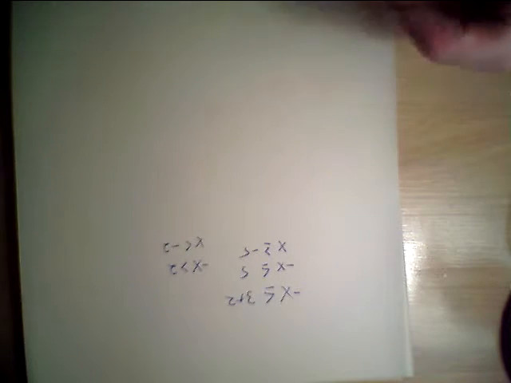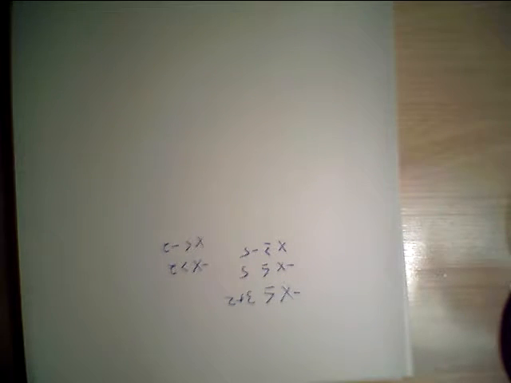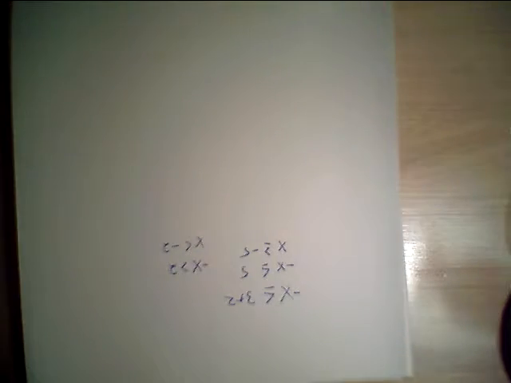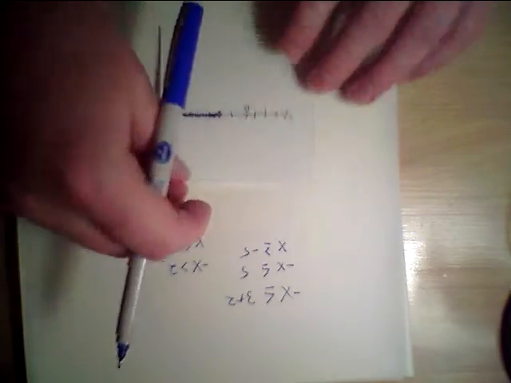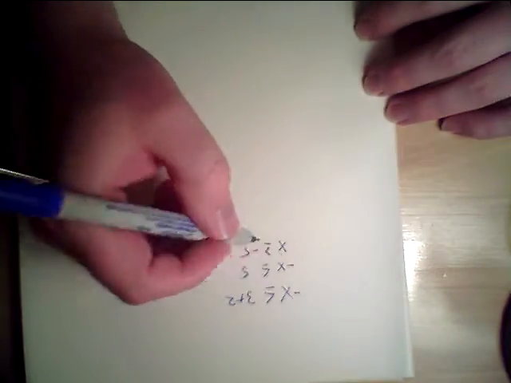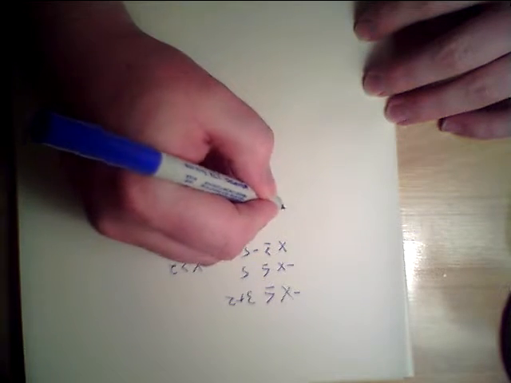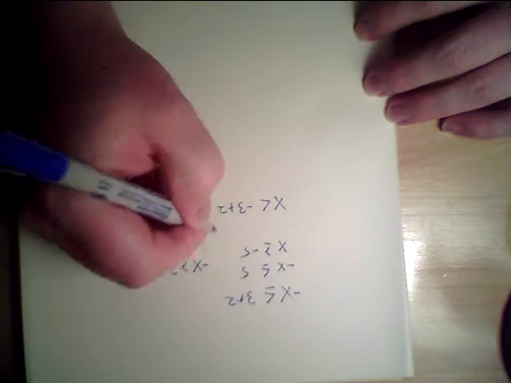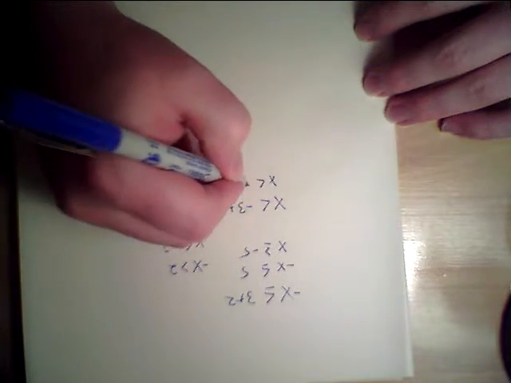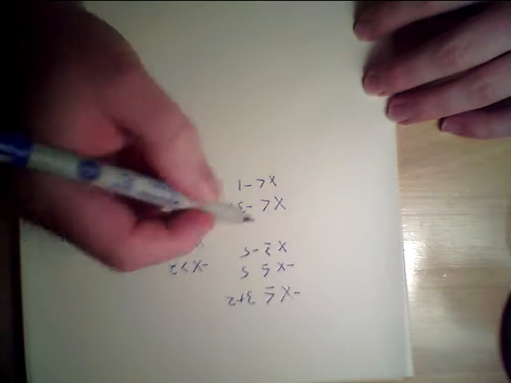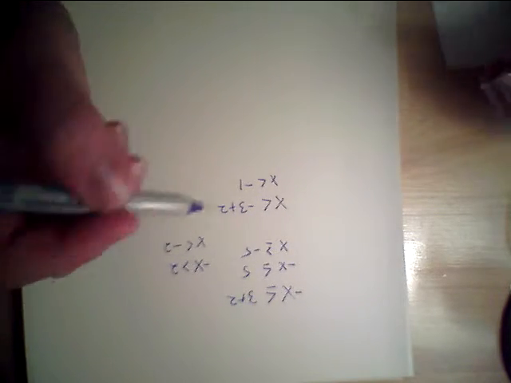So that's why you have to be careful if you end up multiplying or dividing both sides by a negative number. Essentially what you're doing is flipping your number line over, so you have to be careful to switch the sign. It's not to be confused with if you had x is less than -3 plus 2, and x lands at -1. That's fine, because we didn't multiply both sides of the equation by a negative number.